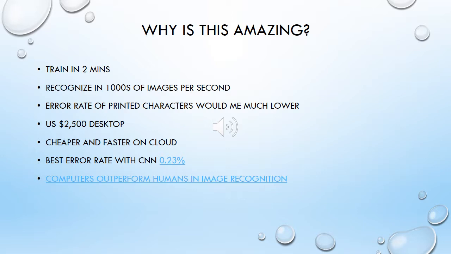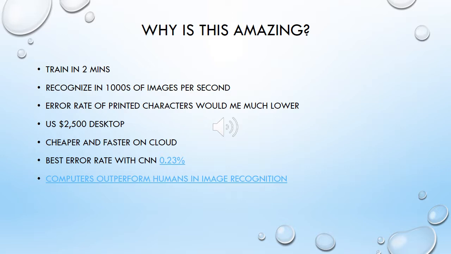So that's another factor. What I illustrated was a simple CNN, convolutional neural network example. There are much more complex and better CNNs that were able to achieve 0.23% error rates, which is really amazing.